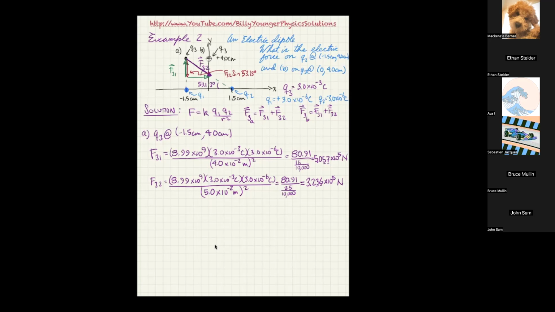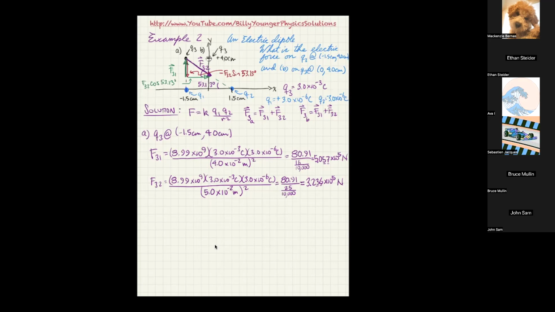So that means the adjacent is the green one. That's why I'm using cosine there and sine for the red one. So for this guy, that's going to be F32 times the cosine of 53.13 degrees. And of course, it points to the right, so that one's going to be positive, but the other one points down, so that one's going to be negative.